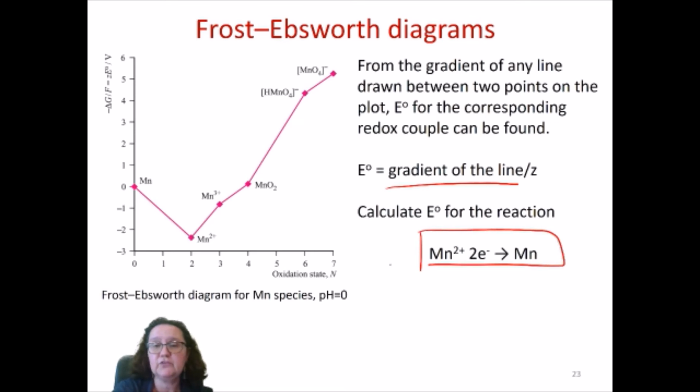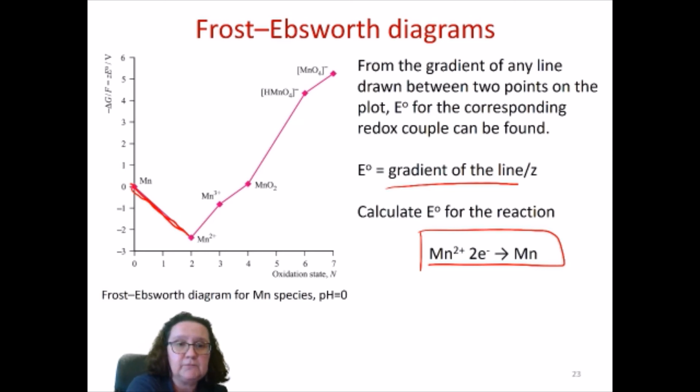Manganese 2+ plus 2 electrons to produce manganese metal. Well, I first need to identify where those 2 points are and join them, and in this case they are already joined with a line. Then I need to identify what's the gradient of the line.